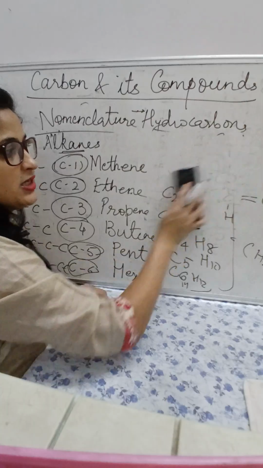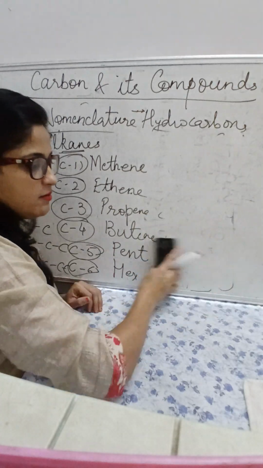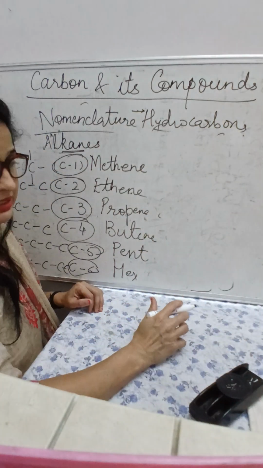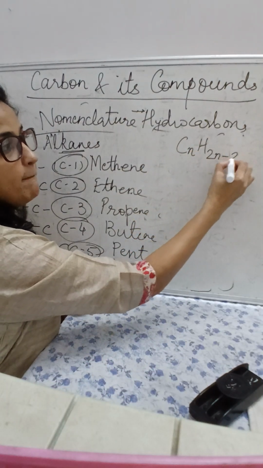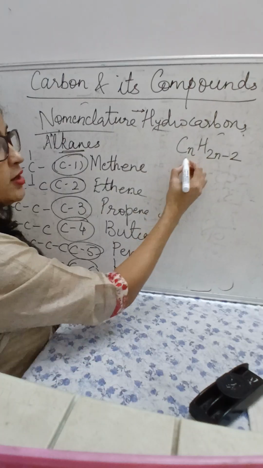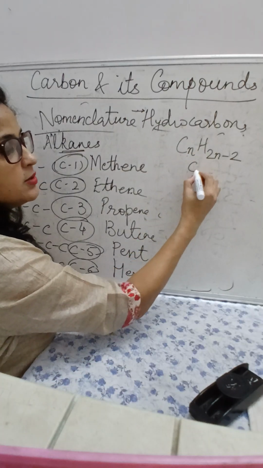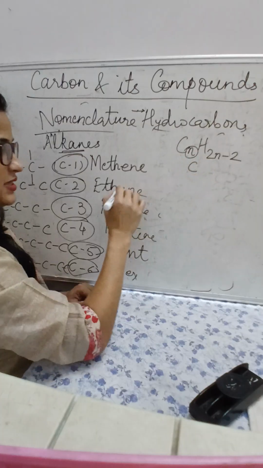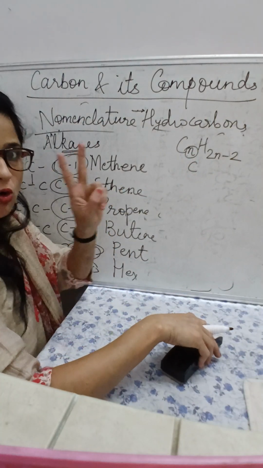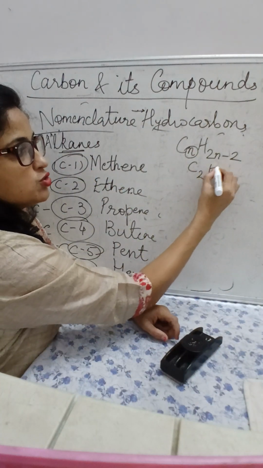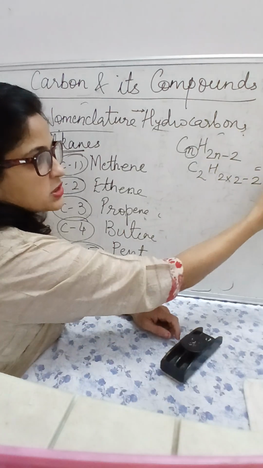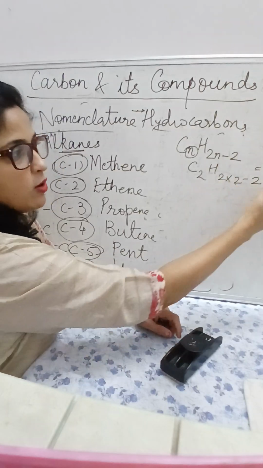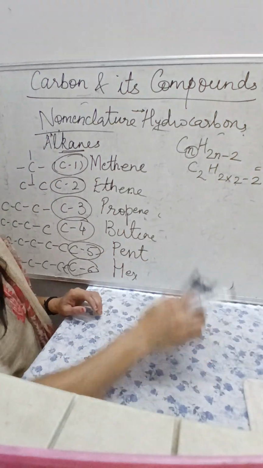Now coming to the last kind of aliphatic compounds, the alkynes. So the formula for alkynes is CnH2n minus 2. So if I have two carbon atoms, 2 multiplied by 2 minus 2, 2 twos are 4 minus 2, will become C2H2.